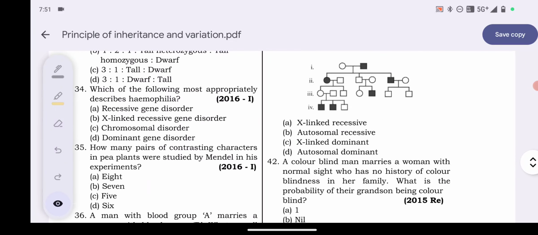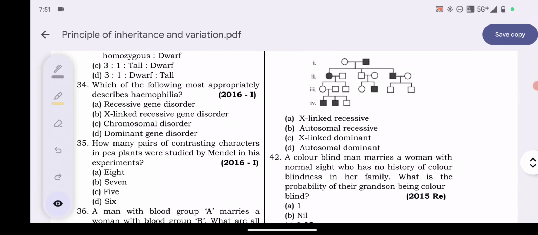Next, question number 34. Which of the following most appropriately describes hemophilia? Recessive gene disorder, X-linked recessive gene disorder, chromosomal disorder, and dominant gene disorder. So hemophilia is a type of, option B, X-linked recessive gene disorder. Okay, B is the answer.